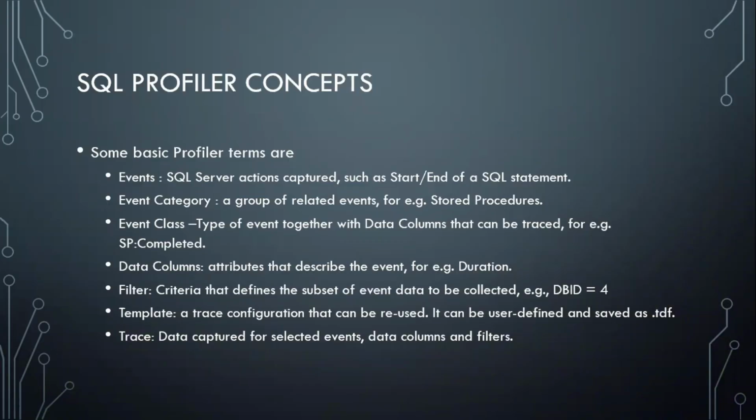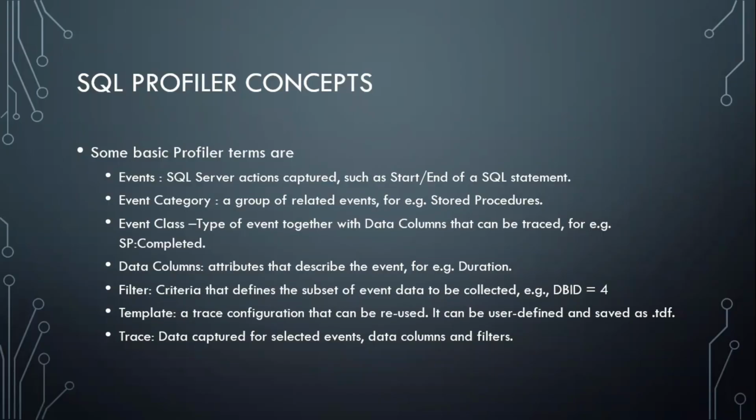Now events are grouped into two things. One is event category. For example, stored procedure is an event category. In that event category, there will be many sub events. The main sub part in an event category is an event class.